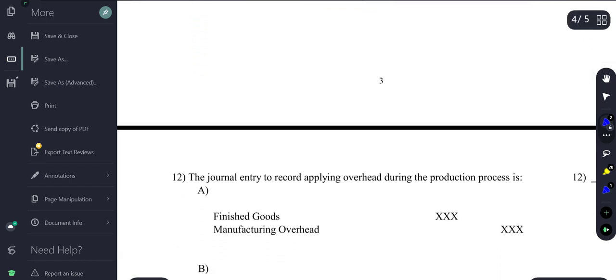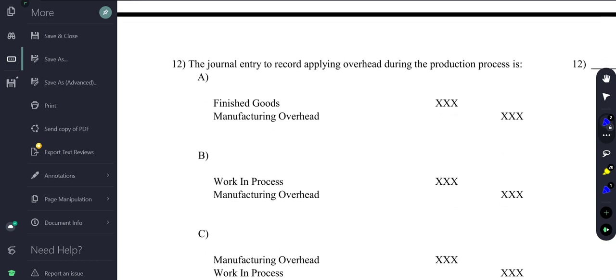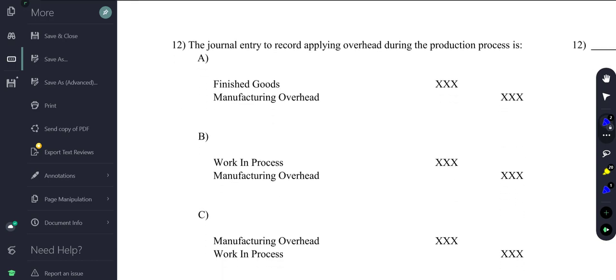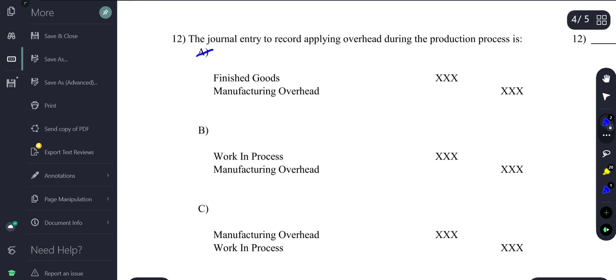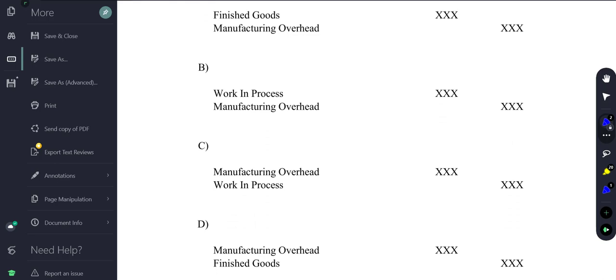Okay, number 12. The journal entry to record applying overhead during the production process is what? Well, we're not going to put overhead directly into finished goods ever, so that's out. Also, we're never going to transfer costs from work in process to overhead, so that's also out. And finally, we're never going to transfer cost out of finished goods and into overhead either, so that's out.